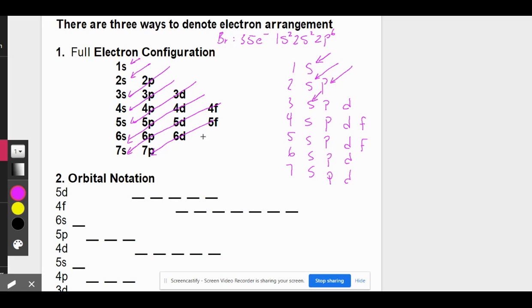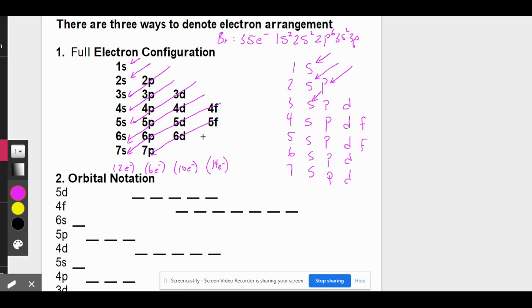So we do have to remember that the s orbitals hold 2 electrons, the p orbitals hold 6 electrons, d holds 10 electrons, and f will hold 14 electrons. Okay, so where were we? 2p, after 2p comes 3s, 2, and then after 3s would come 3p.